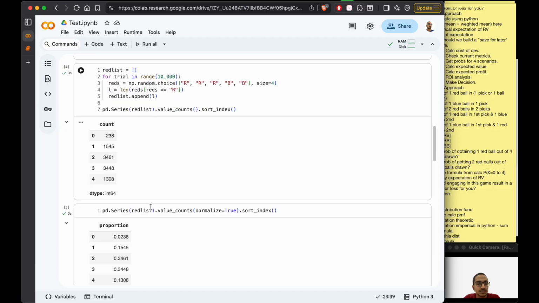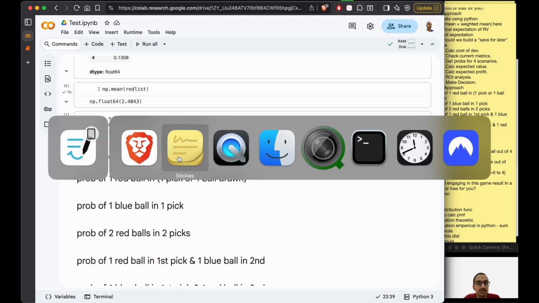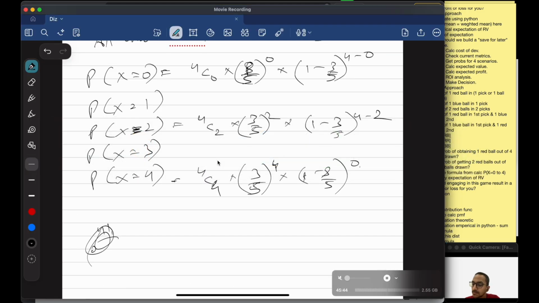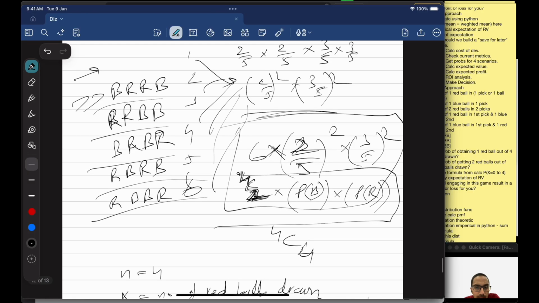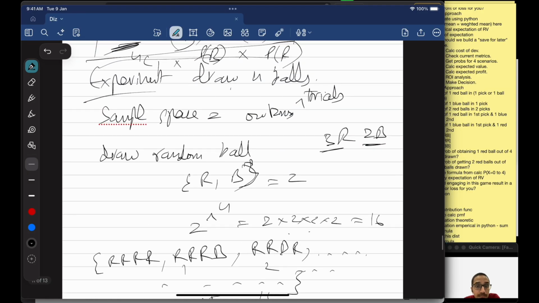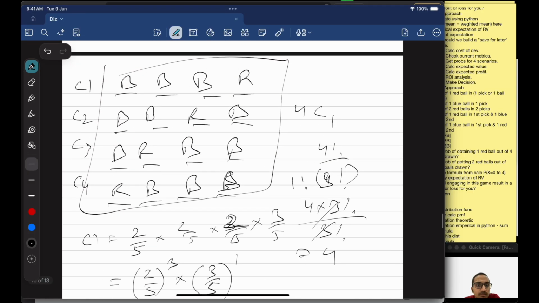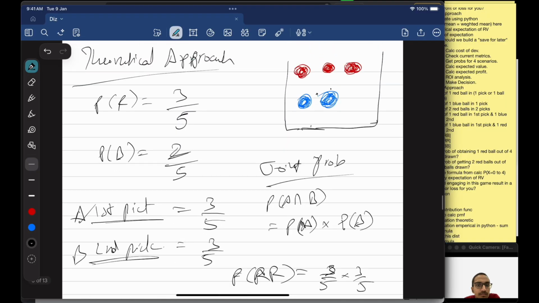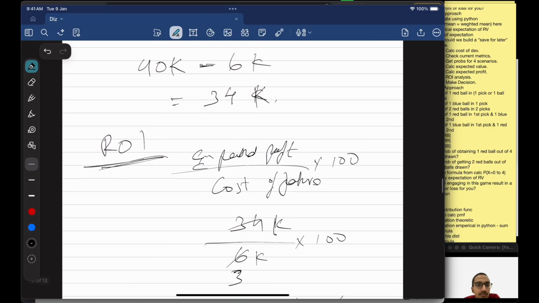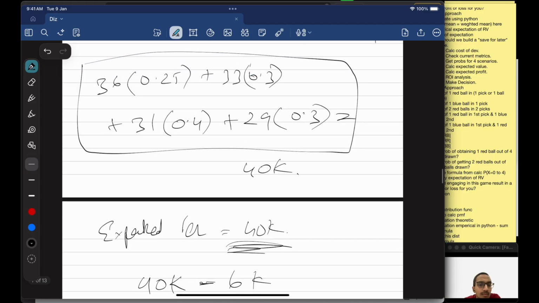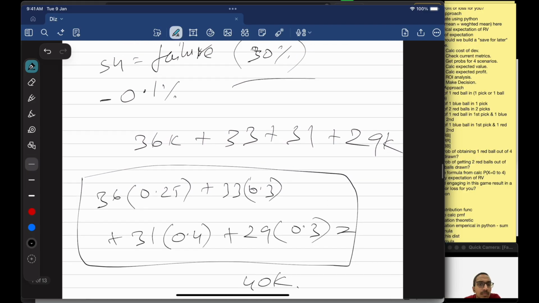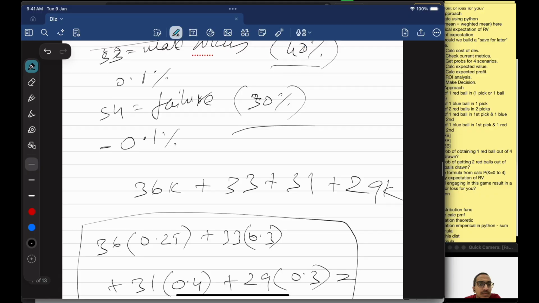Weighted averages. Did we not do weighted average? Wait, I think somewhere here we did. Expected value.